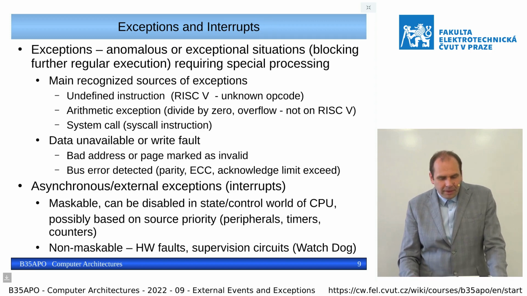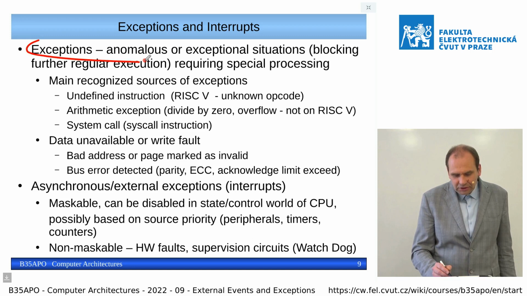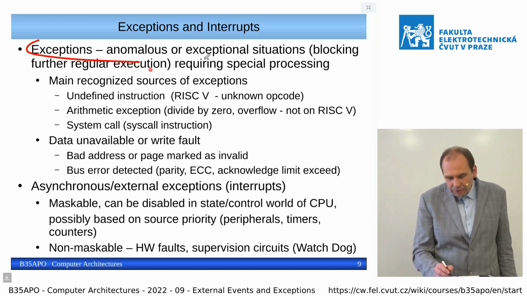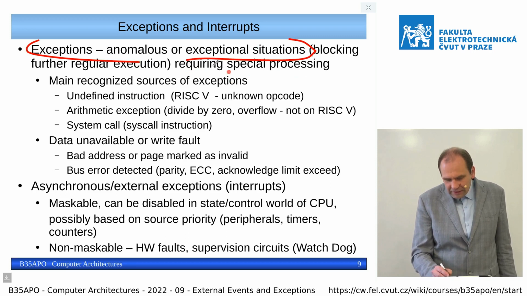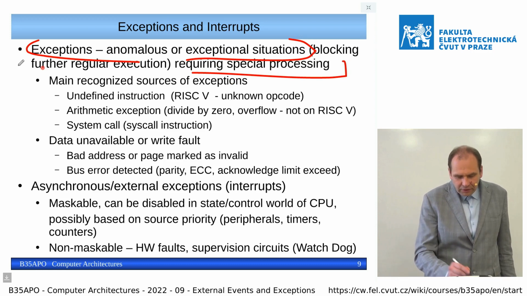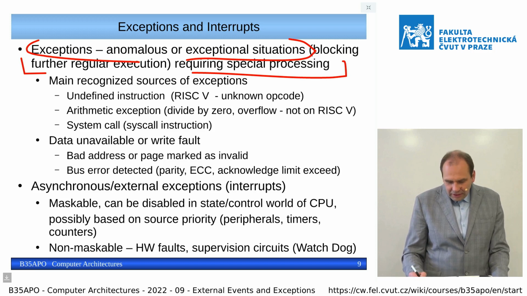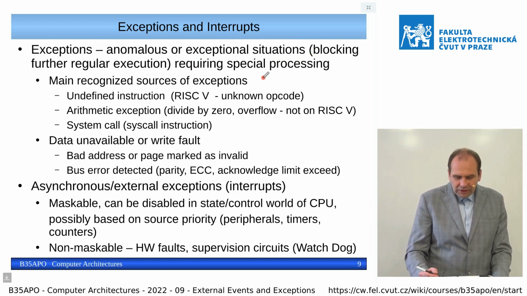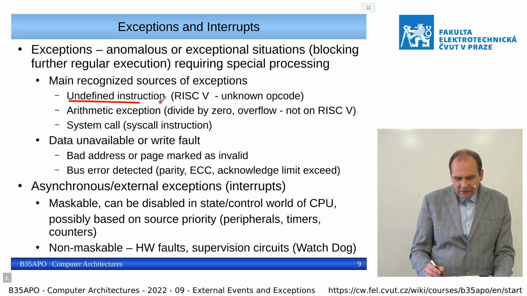But basically, if we say it in a simple way, then exceptions are anomalous situations, and if they are caused by a synchronous event to the actual instruction stream and execution, then it can be, for example, an undefined instruction, for RISC-V an unknown opcode.